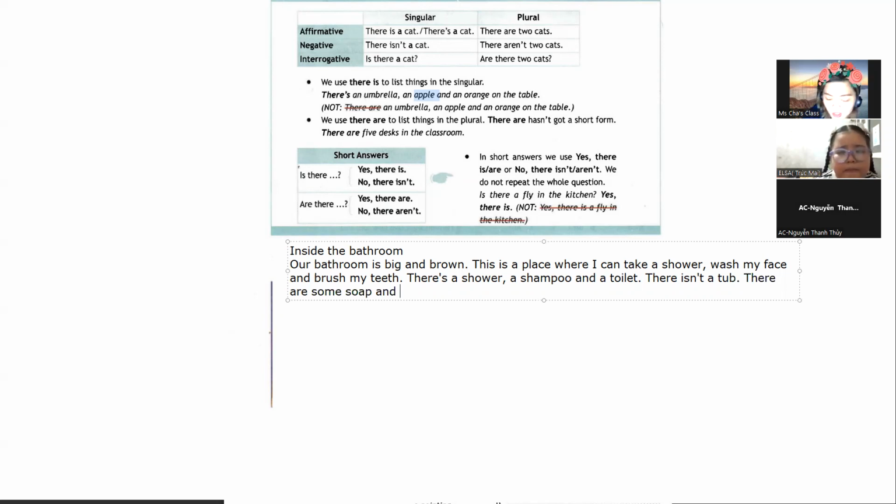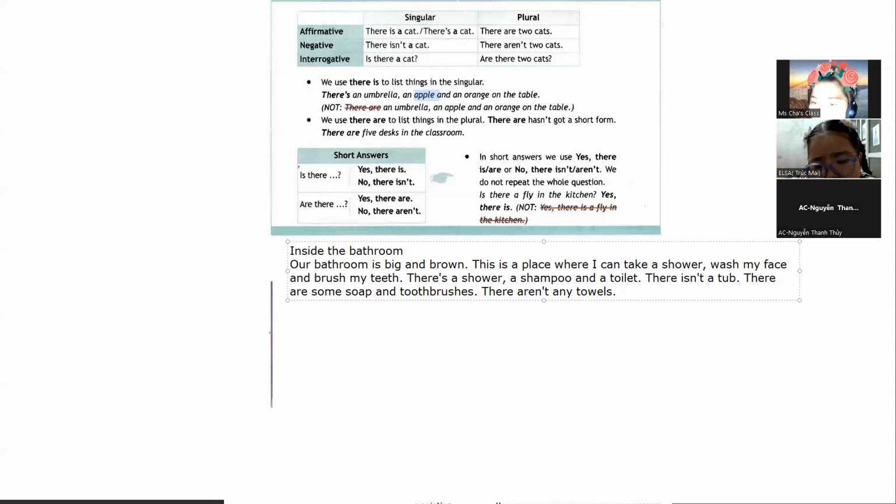Yes, all right, and toothbrushes. Okay. All right. So with this one, how about there aren't? There aren't any towels.